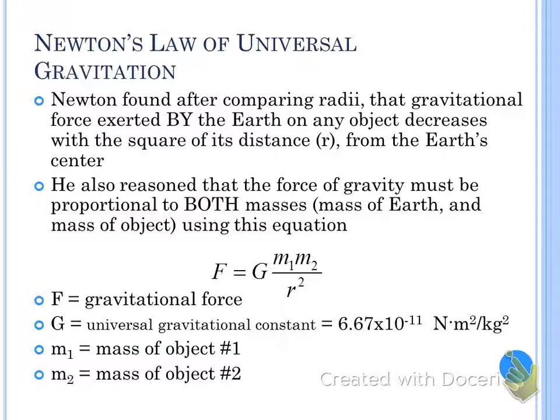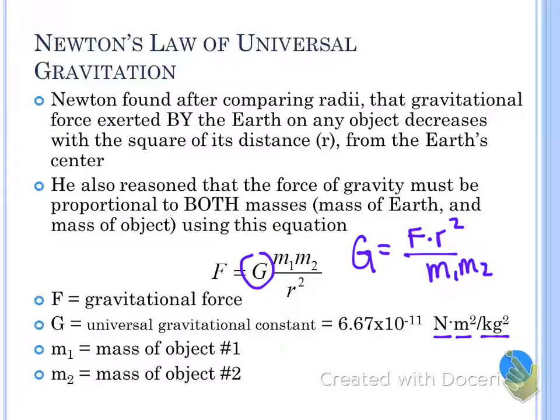So if I look at my units for my constant, newton meters squared per kilograms squared. If I rearrange and solve for G, I would get force times radius squared over M1 times M2. That's where those units come from.